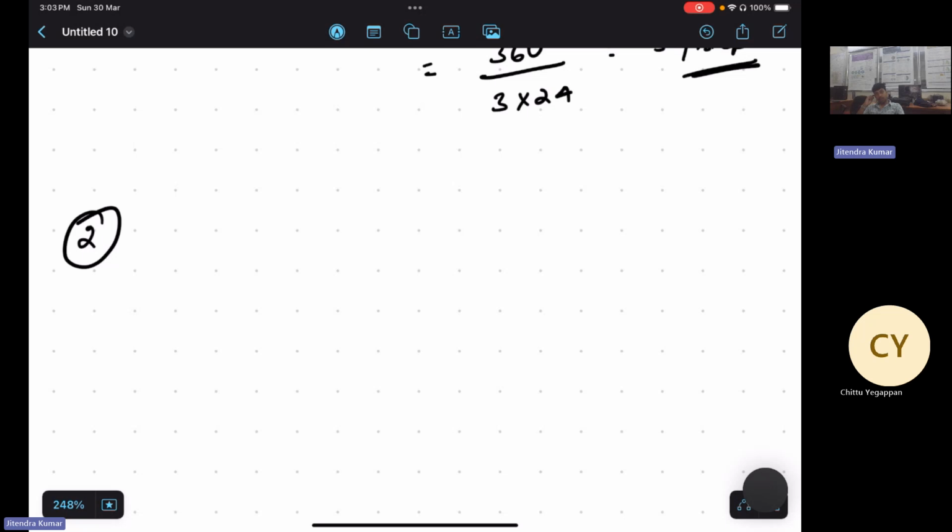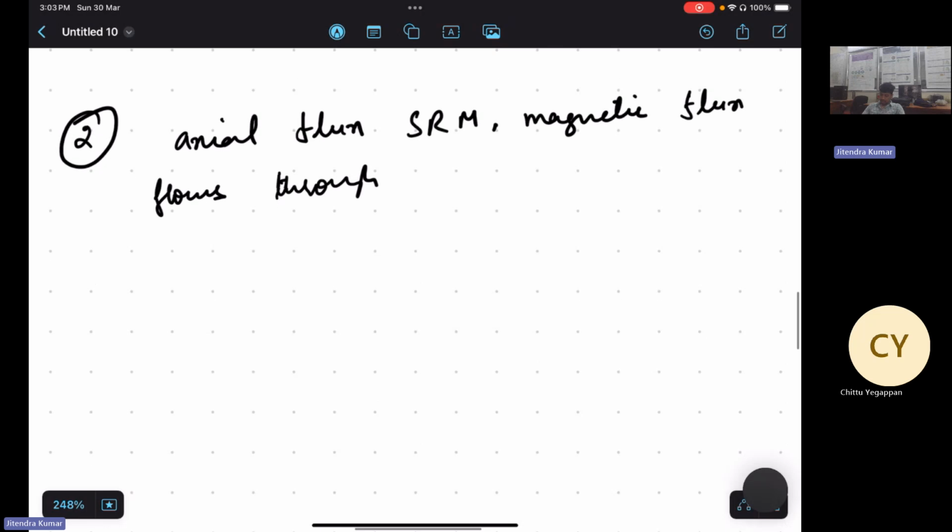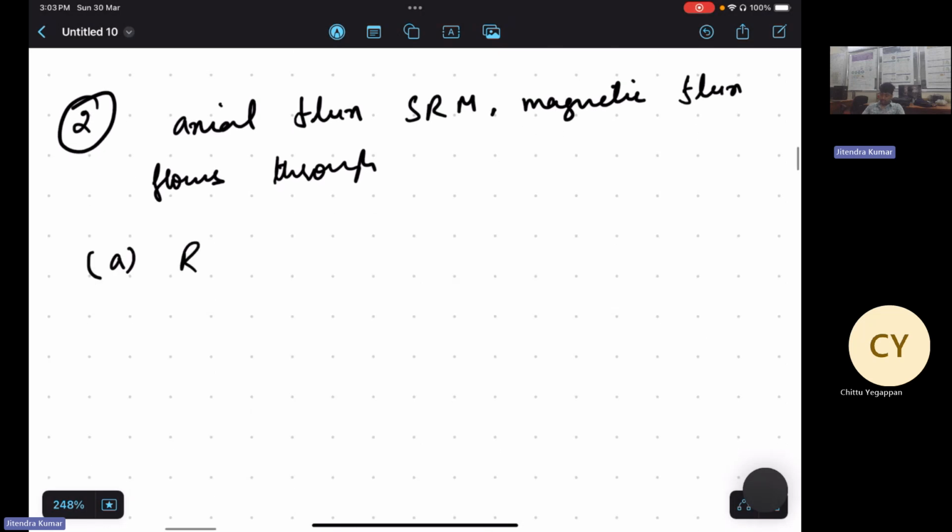It is a theoretical problem: in an axial flux SRM, magnetic flux flows through which path? A, radially outward from rotor to stator.